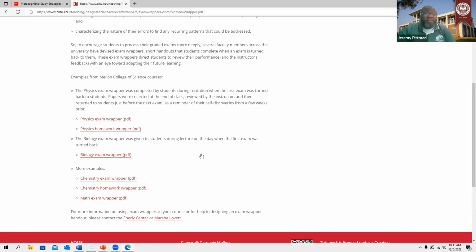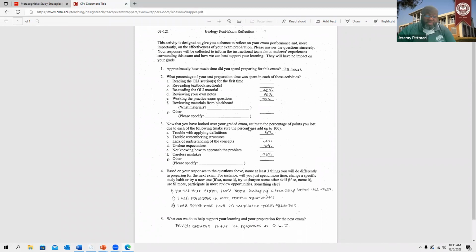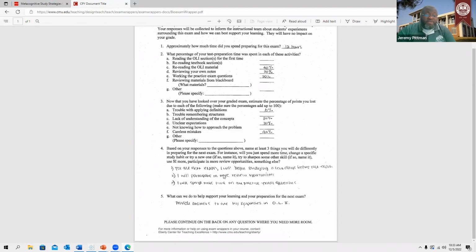There are just tons of them there in PDF format, so you can always download some of them and put them in Microsoft Word. As you can tell, this exam wrapper looks very, very similar, right? Yeah, it looks like I stole it from them. But I did modify mine based on what I found here. So fellow faculty members, it's never necessarily hard or necessary to reinvent the wheel.